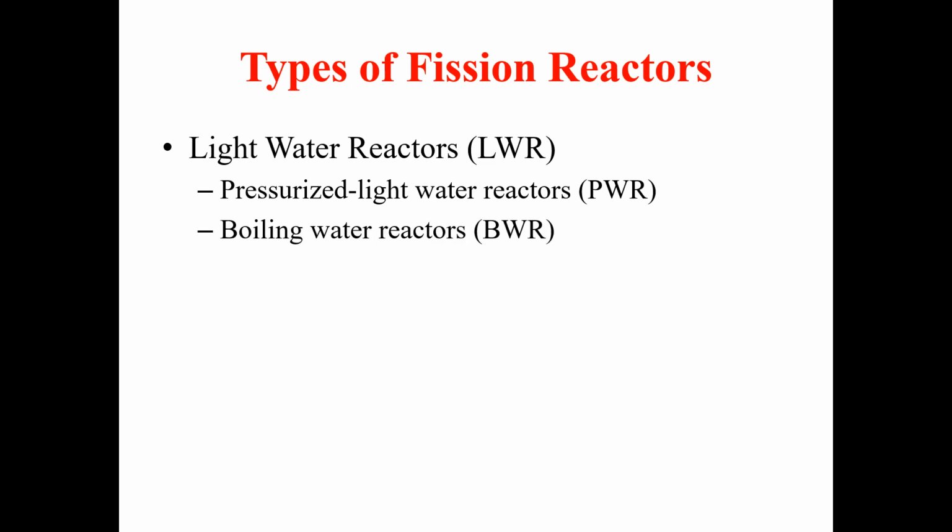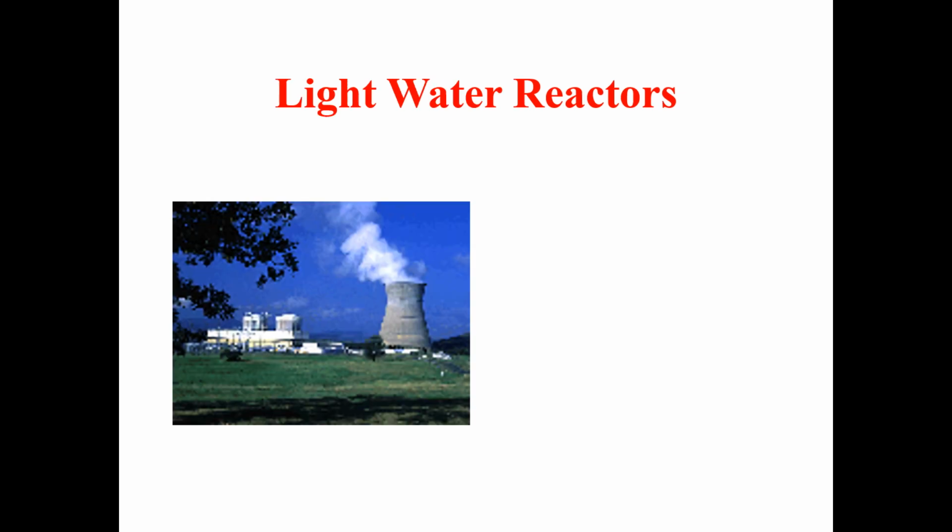The second type of light water reactor is the boiling water reactor, with the abbreviation BWR. The second type of fission reactor is the breeder reactor. These are the two main kinds of reactors utilized for controlled fission.